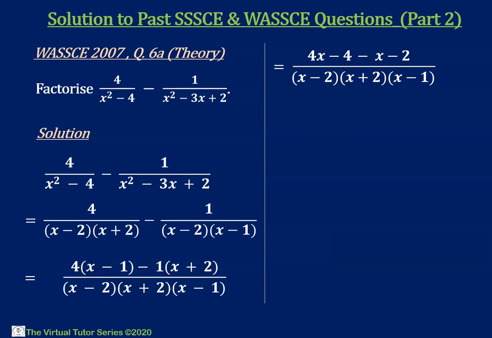Grouping like terms, we have 4x minus x to be 3x, and negative 4 minus 2 to be minus 6, all over x minus 2 times x plus 2 times x minus 1.